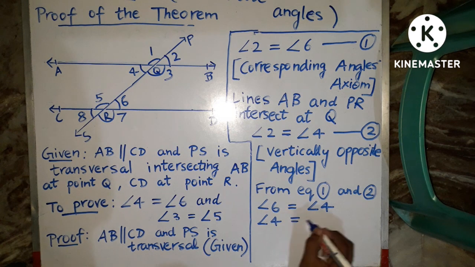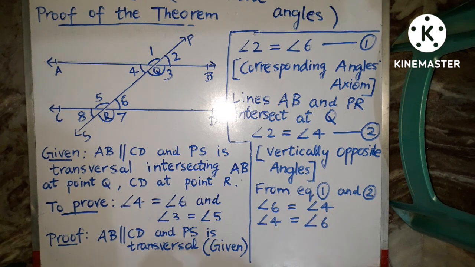Angle 4 is equal to angle 6. So we have proved the first part. We had to prove that angle 4 is equal to angle 6, and finally we have proved angle 4 is equal to angle 6. So we have proved that one pair of alternate interior angles is equal.